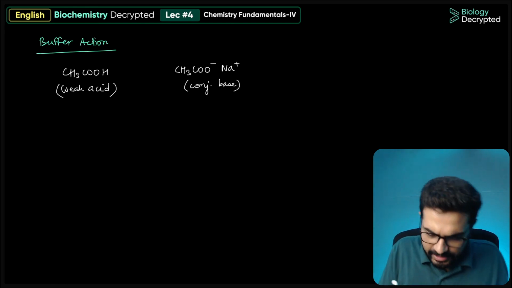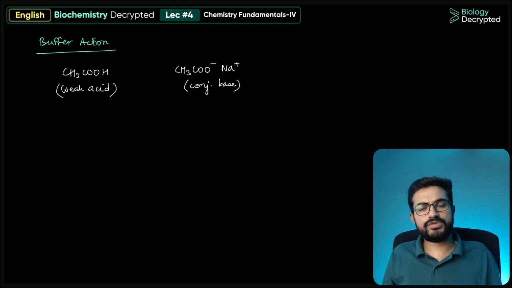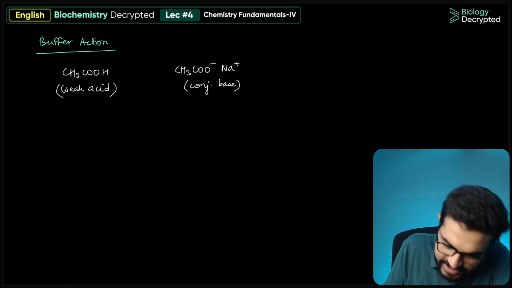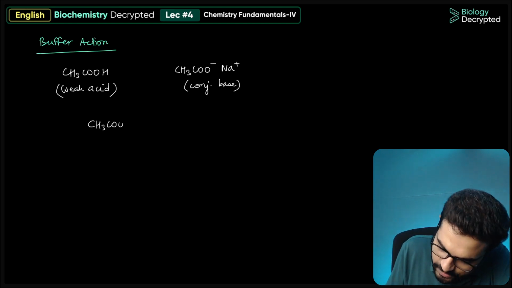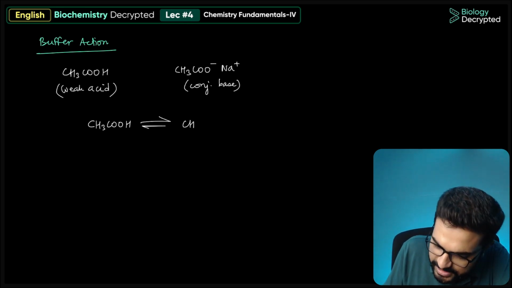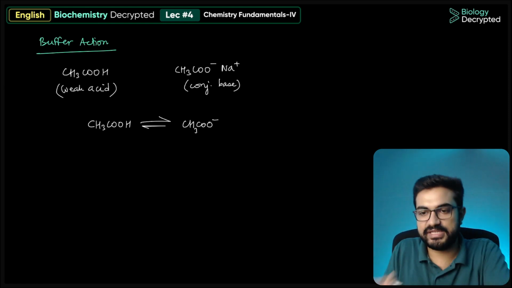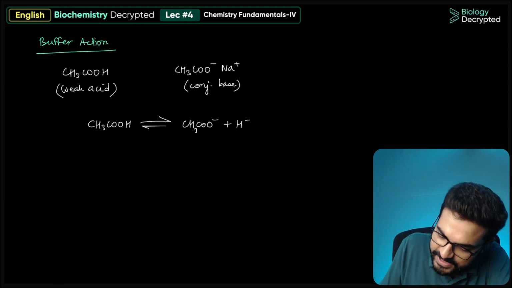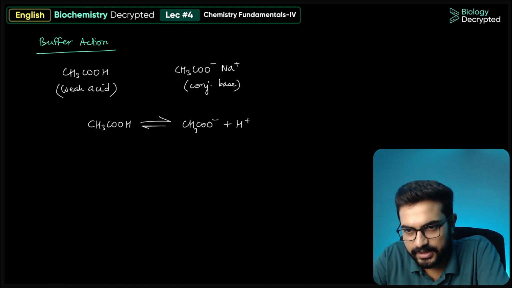Now if we take the dissociation of this weak acid, CH3COOH, it is slowly dissociating, forming CH3COO minus plus H plus. This is how it is working.